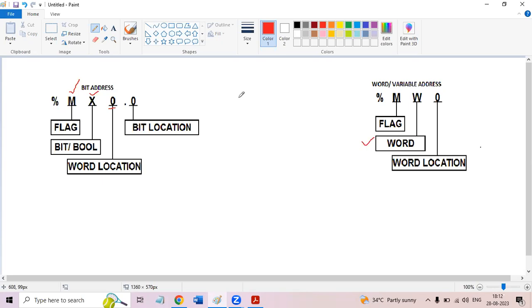I think you know that when we combine 4 bits, it will form 1 nibble. When you combine 8 bits, tell me, text me in the group.